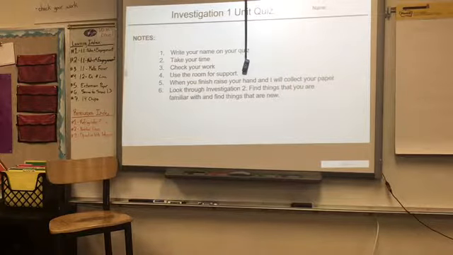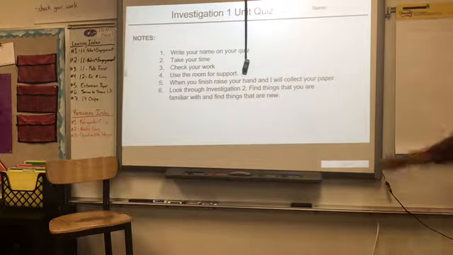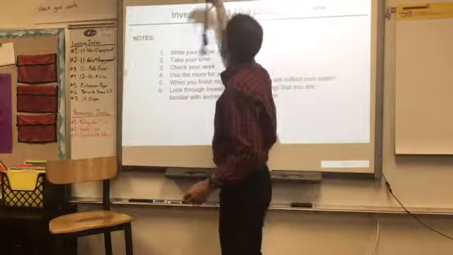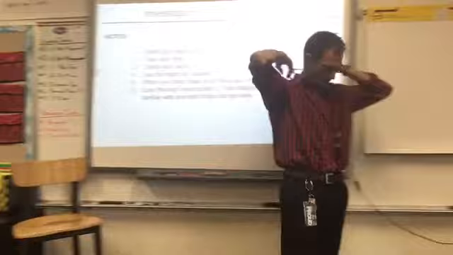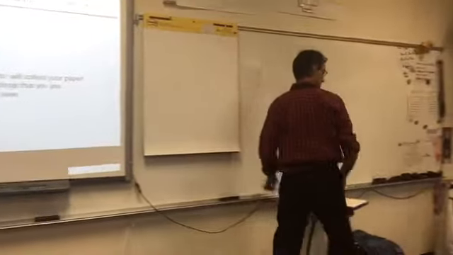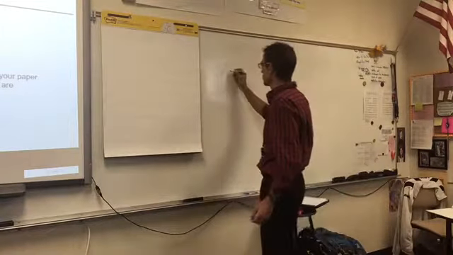All right, guys, if you could go to the paper I gave back to you. That is your warm-up and exit ticket. Your warm-up and exit ticket every week is going to come out of 24 total points.